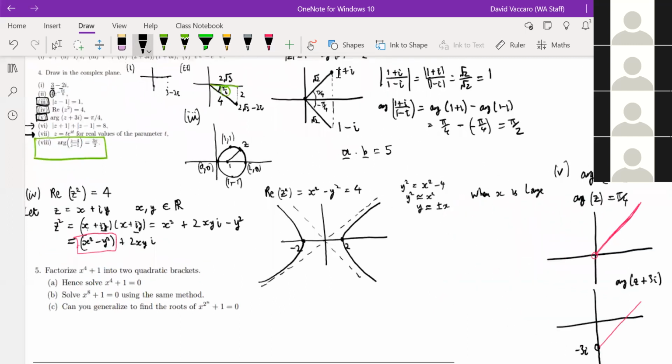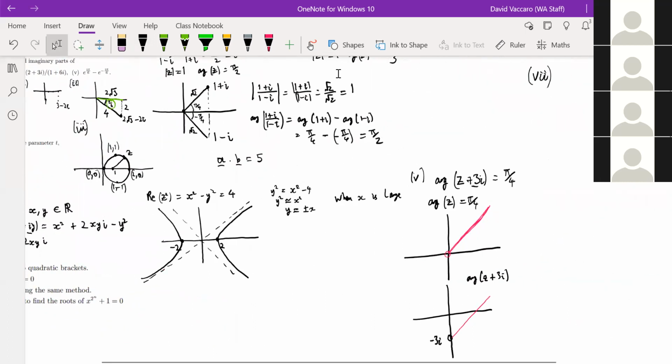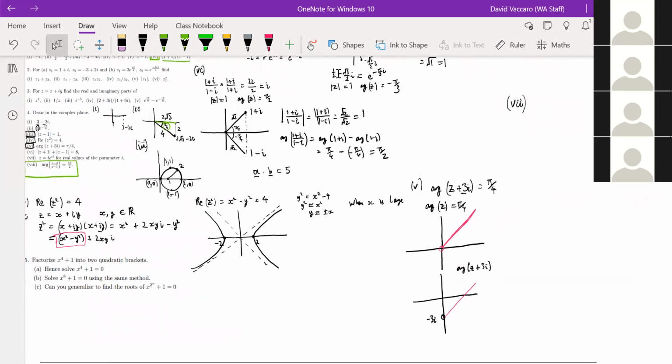So stare at this relationship long enough and see if you can preempt what curve is going to emerge once we actually do the algebra. So we have the argument of z minus 4 over z minus 1 is equal to 3 pi over 2.